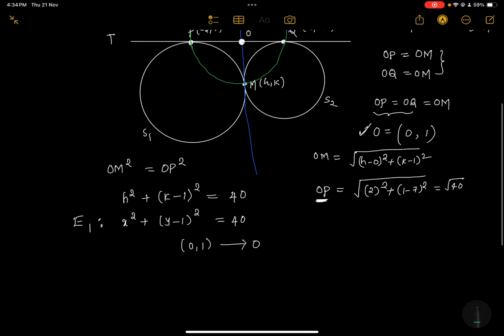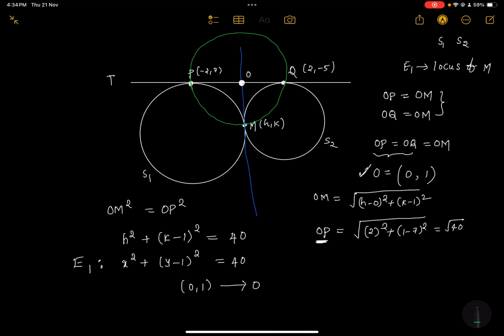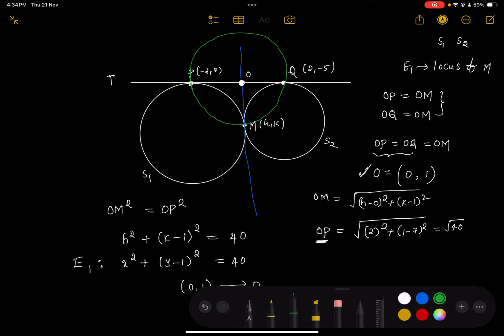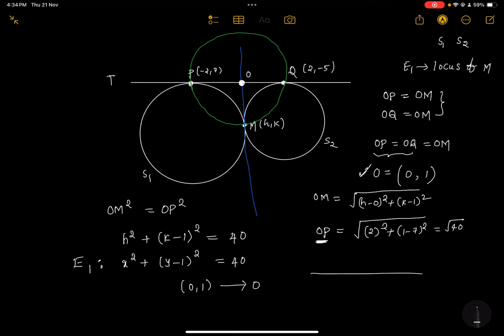Okay. But the important observation that you have to make is that P is the point of intersection of the circle and the tangent, and M is the point of intersection of these two circles.